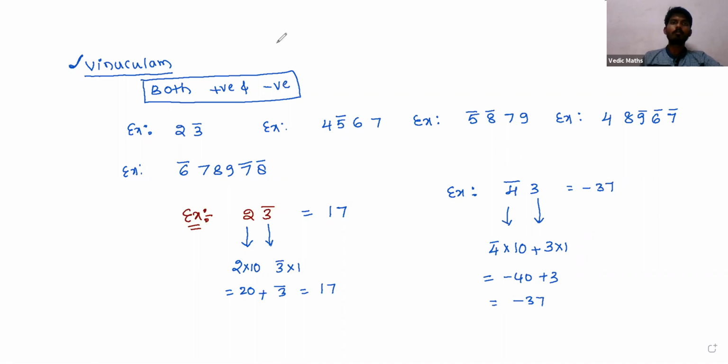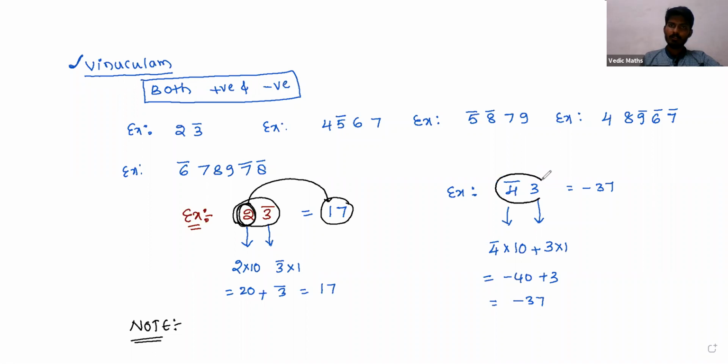Now we have to observe another very important point here. In the first number, which started with a positive digit, the answer is also positive. And in this number, the starting digit is negative, so the answer is also a negative number.